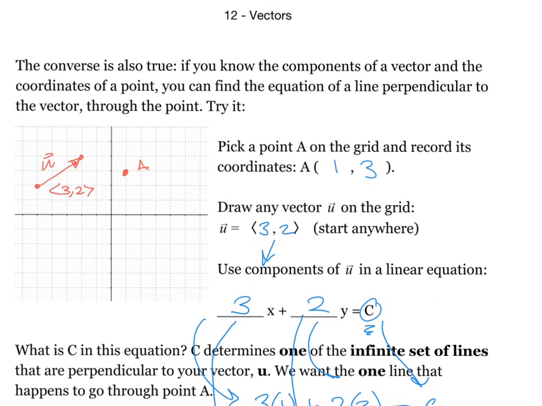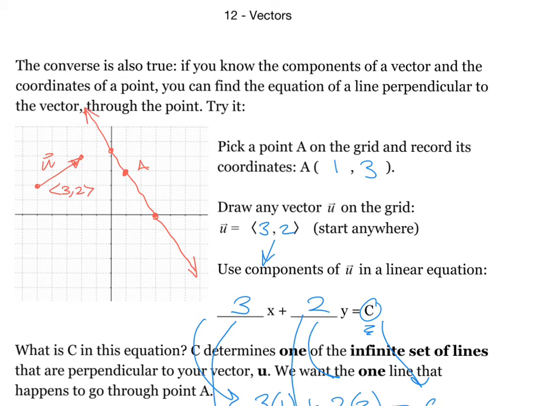The x and y intercepts, go back to my other color. The x-intercept was at 3. The y-intercept was at 4.5. So that means we've got a line, and this line should pass through point A. It looks like it will. There's sketched in a line.